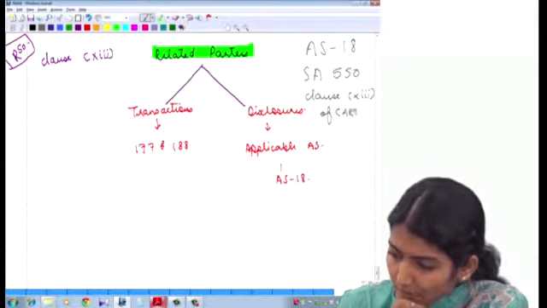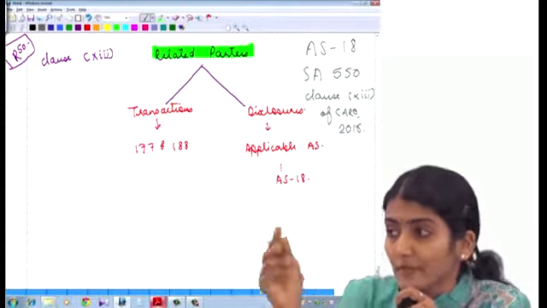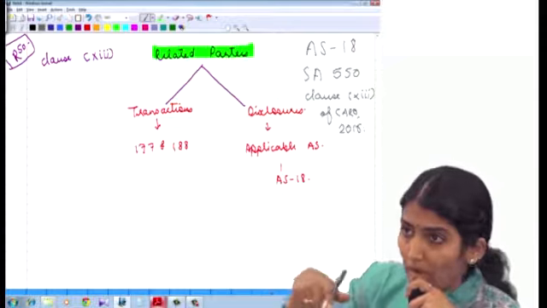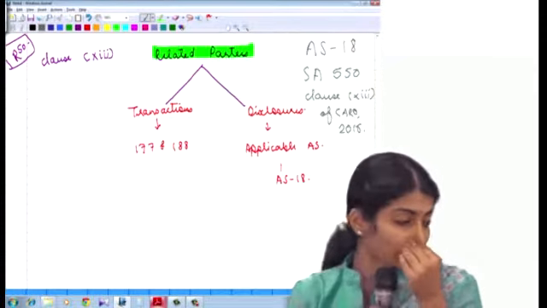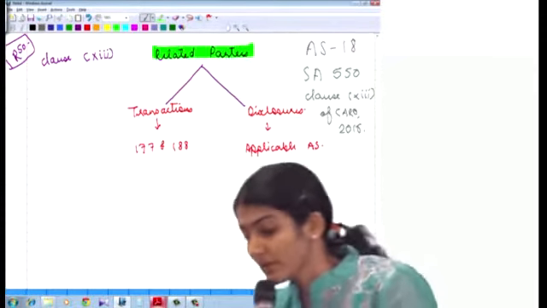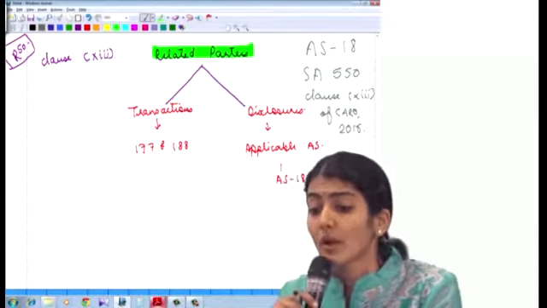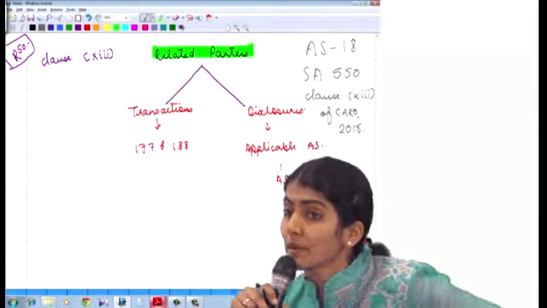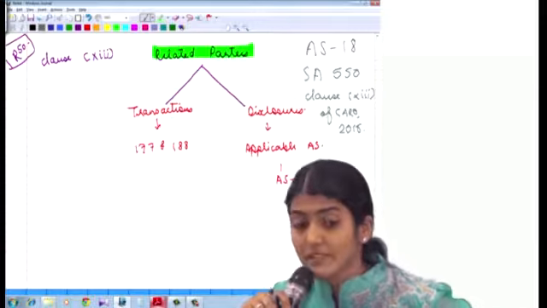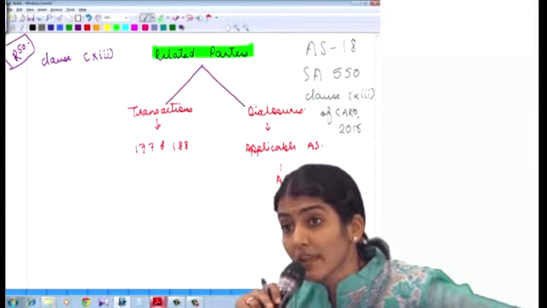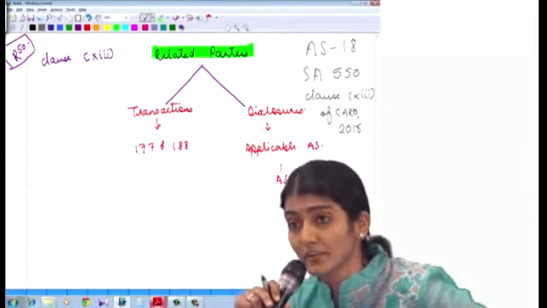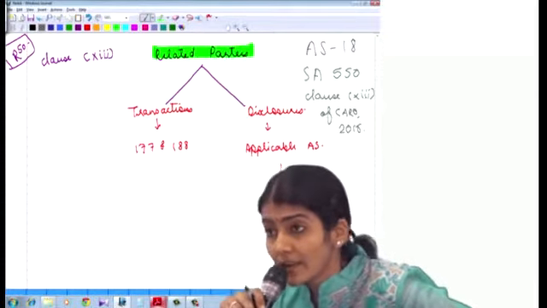So now whenever, this is the round which you need to take for related parties now. One, AS 18. Second, SA 550. And third, you are also going to make a reference to clause 13 of CARO 2016, which is regarding related parties. Again, this clause has been divided under two parts, transactions and disclosures.